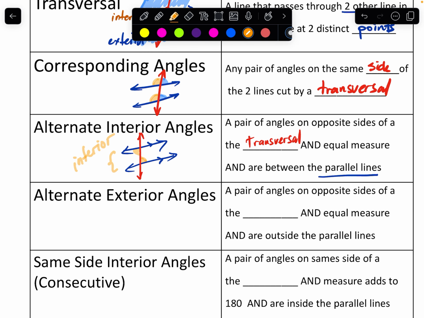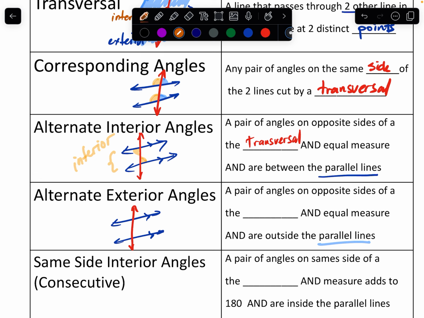The next one is the alternate exterior angle. Again, we're going to focus on parallel lines here. So again, I have two parallel lines. I'm going to say they are parallel with these little arrows. And I have my transversal right here.